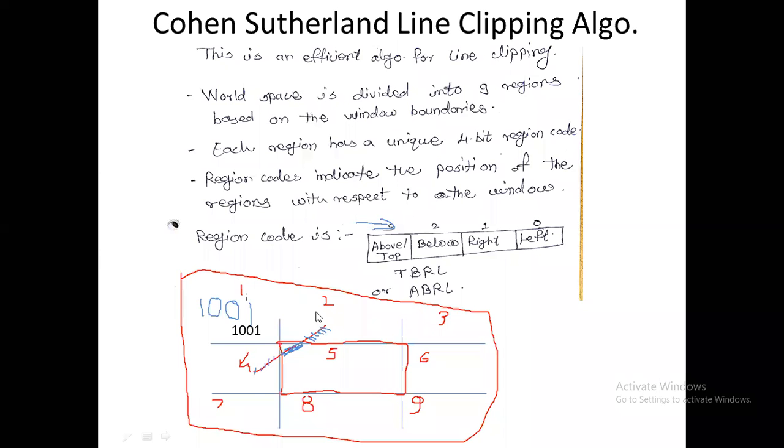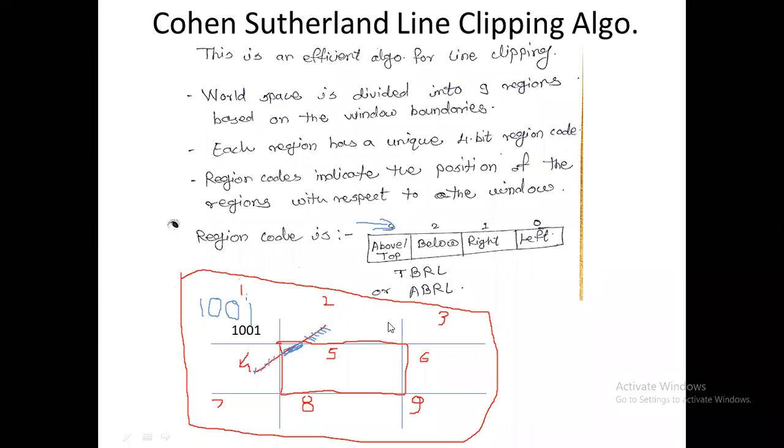Now we will go for the second region. Okay. For the second region, again, we have to find out the same thing, whether this second region is on the top side. So yes, it is on the top side, so it is not on the below. So this bit will be set to 1, then 0. Then we will check for right.